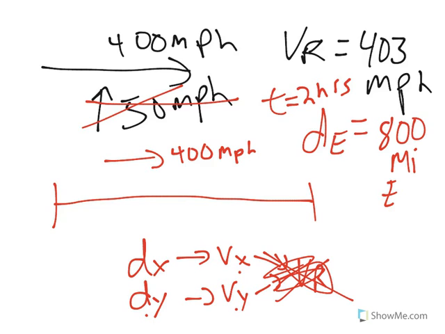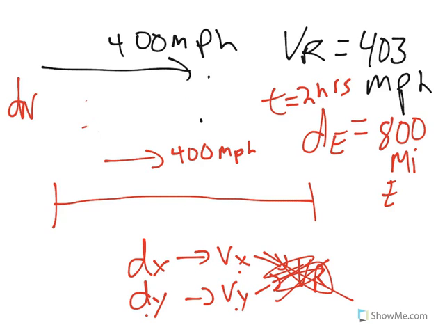In addition, if I wanted to know the distance north in that same 2 hours, I would use this 50 miles per hour north.